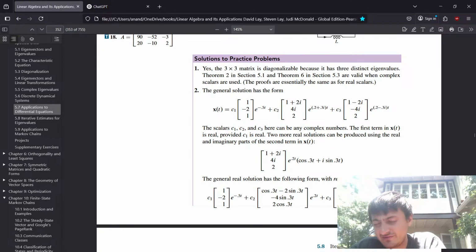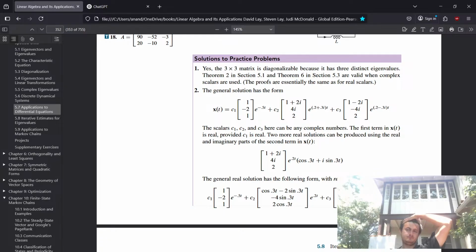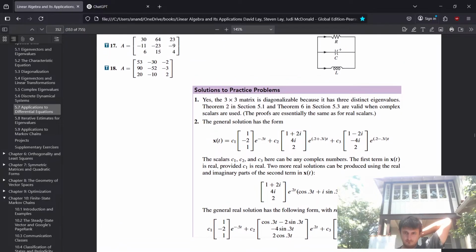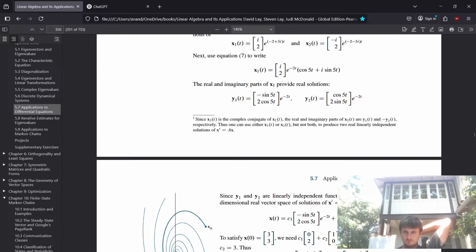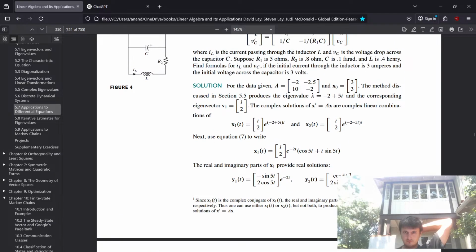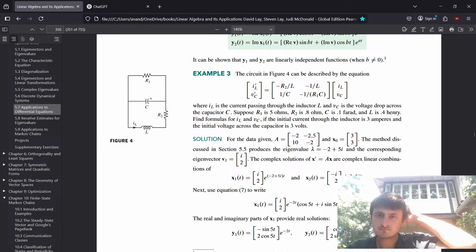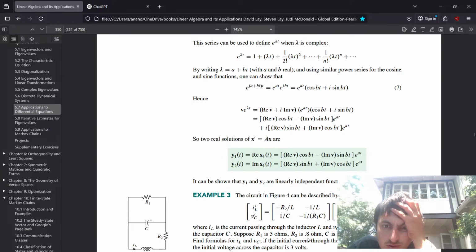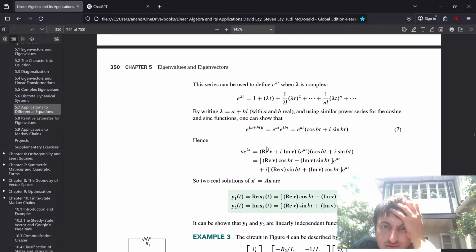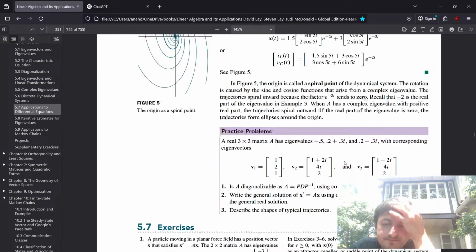This is the imaginary part of x2. I actually think that checks out. x2, or x1 in this case, was, let's see, this is x1, right? Okay, I think that's right.